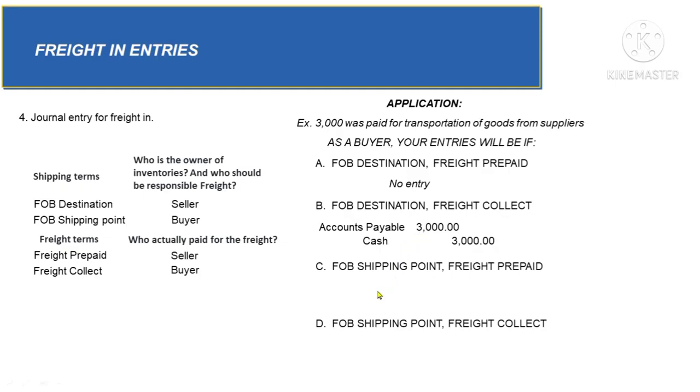The third combination is actually the opposite of this B, wherein you are the ones responsible but the seller assumed your responsibility. So of course, your entry will become debit freight in 3,000 and then credit accounts payable 3,000. And in the last combination, you are the ones responsible but you actually paid also for the freight.